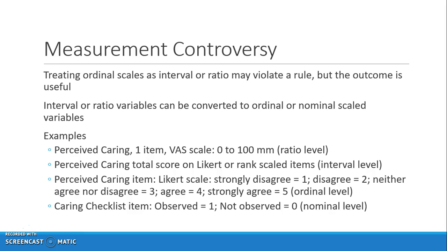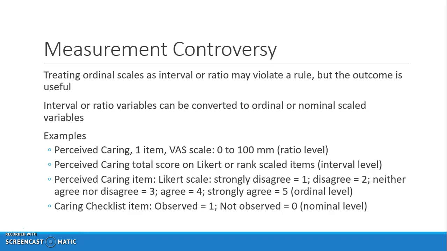I put here examples from specific caring instruments. Perceived caring, one item, can be scaled on a visual analog scale, a 10 centimeter line with 0 and 100 millimeters at both polar ends. That's ratio level. Perceived caring total score on a Likert or rank scaled item.